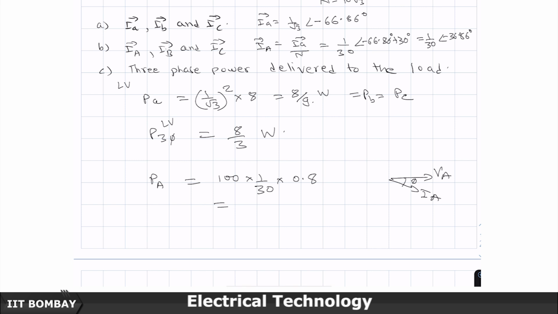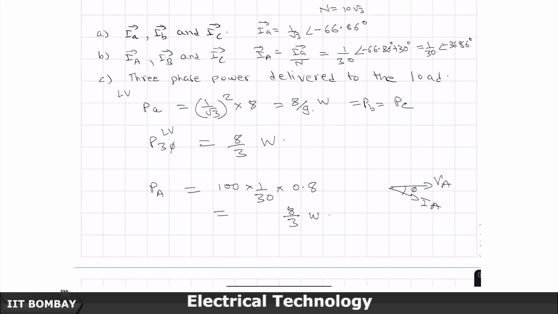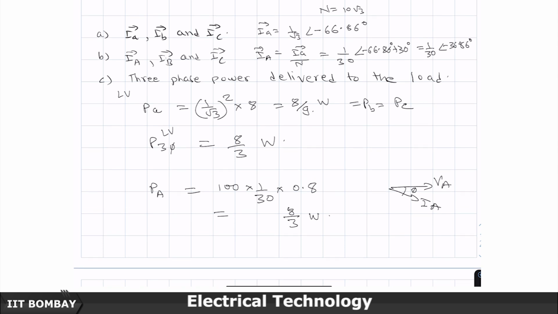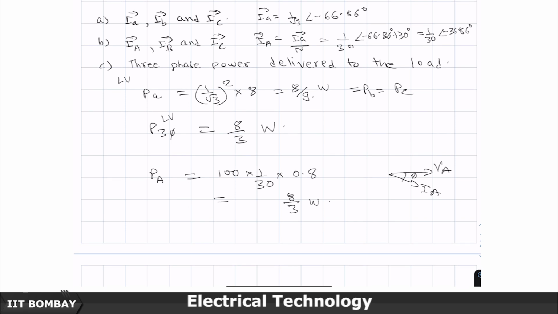So therefore this is 100 divided by root 3 into 0.8, which is 8 divided by 3 watts.